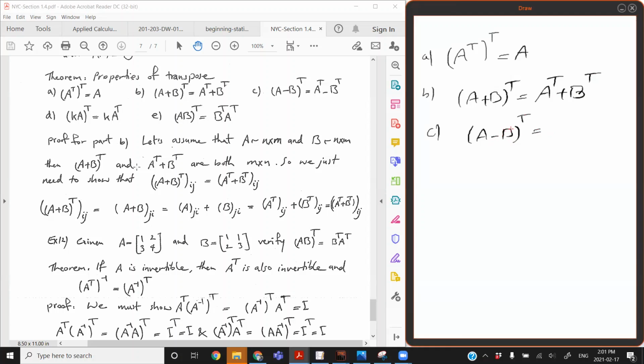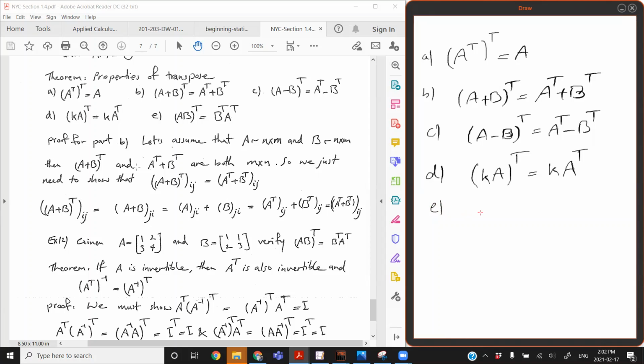Transpose of A minus B would be the transpose of A minus the transpose of B. Then if you have a scalar K times A, the transpose of that would be just K times the transpose of A. Notice that K is a scalar, so K does not have a transpose.